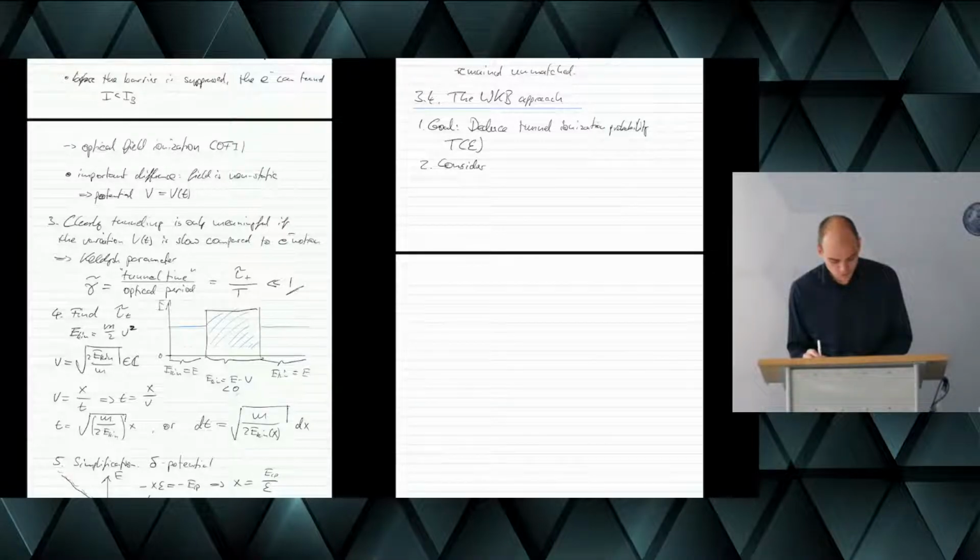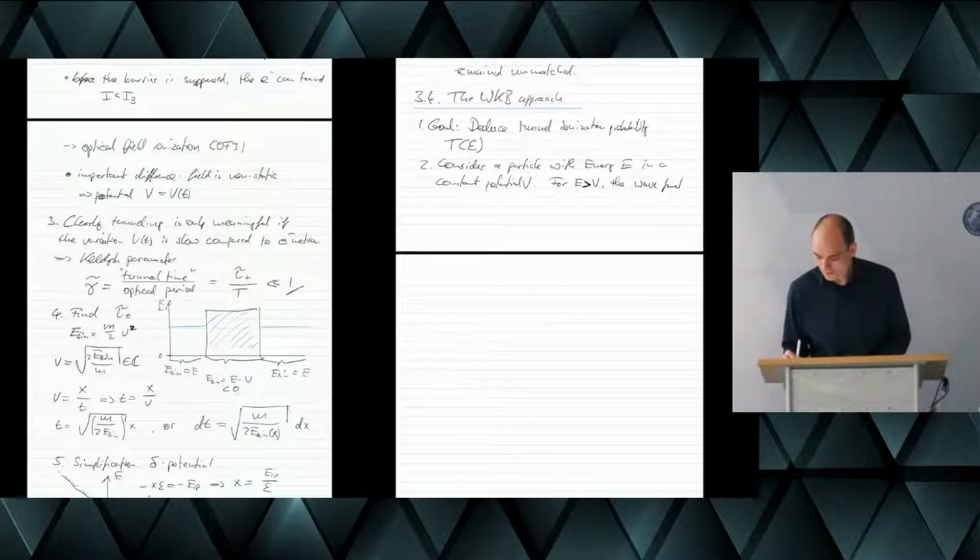So consider a particle with energy E in a constant potential V. Then for E larger than V, the solution, or let's say the wave function, can be expressed as something like this.